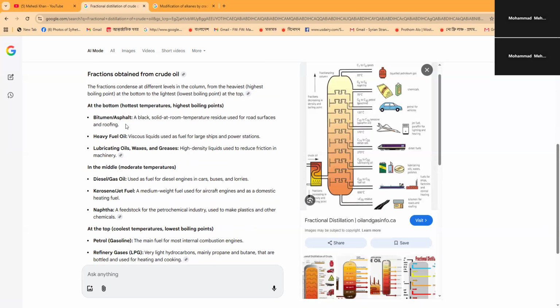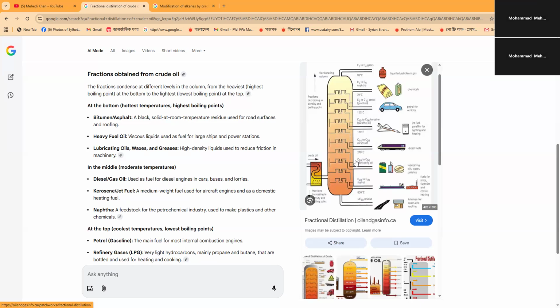That is known as bitumen. This is carbon number more than 70, or residue. Heavy fuel oil is a viscous liquid used as fuel for large ships and power stations. You can see the carbon number from C20 to C70 is fuel oil.